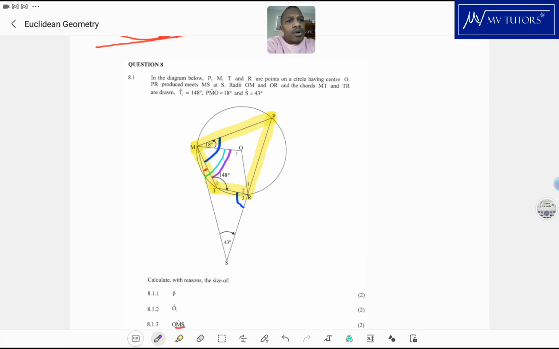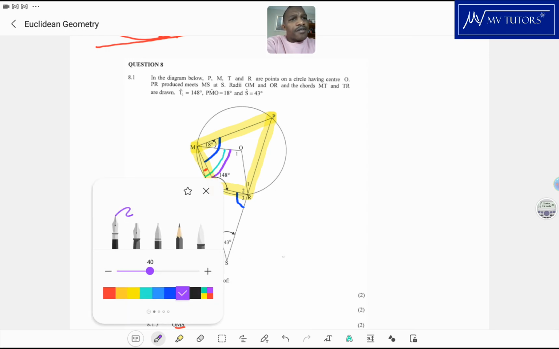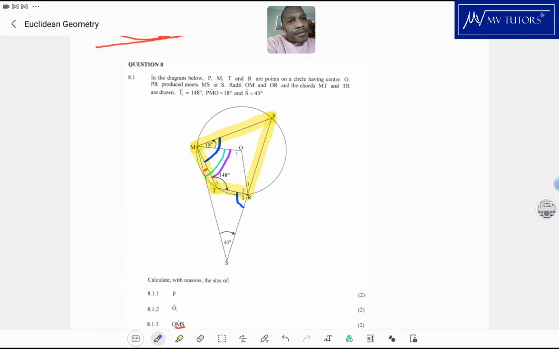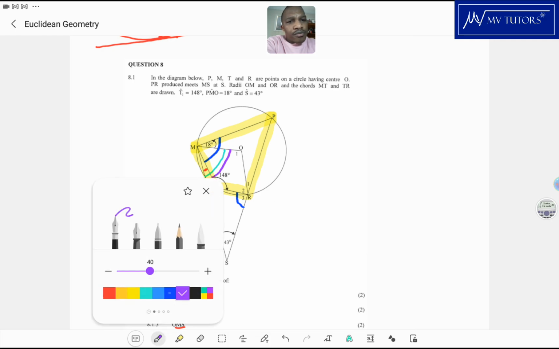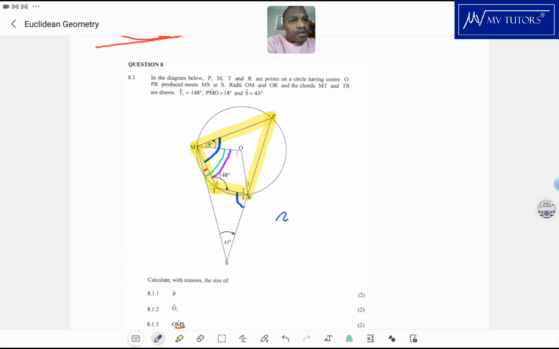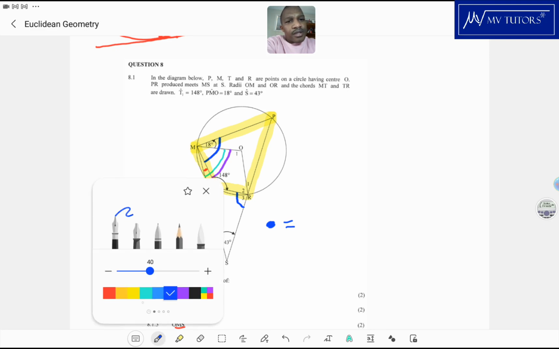Just to demonstrate it, first of all, I have to add 18. We are looking for the blue angle, right? So let me just put blue first. We're looking for blue. To get blue, blue is equal to green.